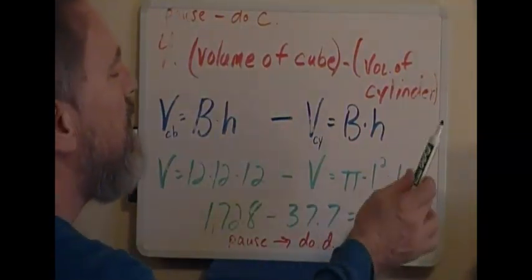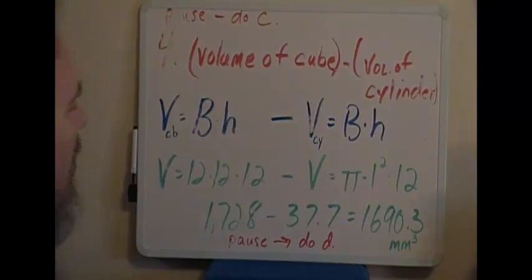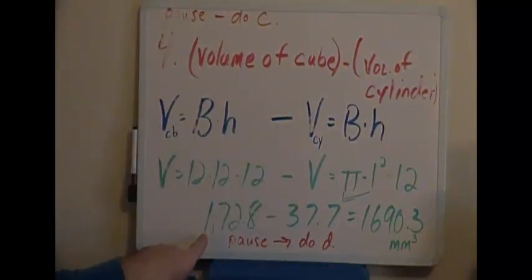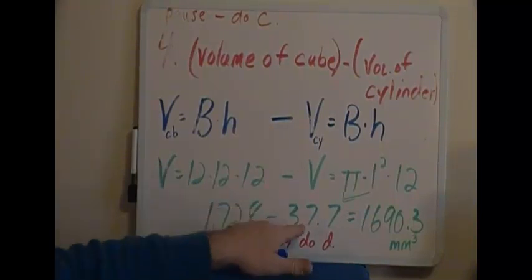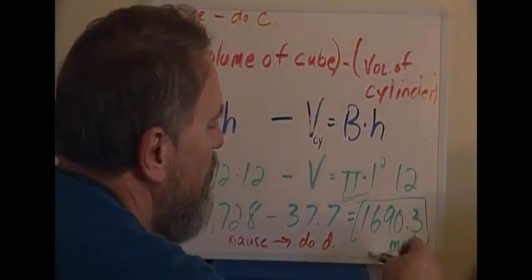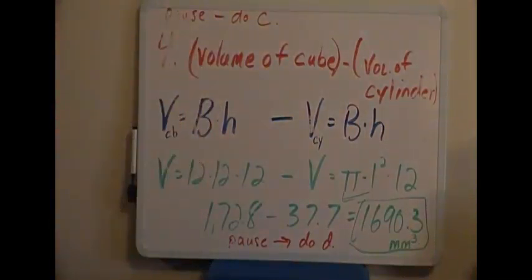So it's pi times 1 squared times 12, and I get 37.7. So if I take this 1,728 minus the 37.7, I get 1,690.3 millimeters cubed. Again, a cubic unit.